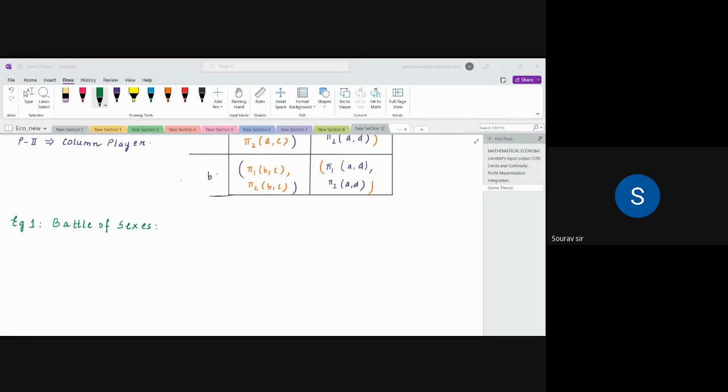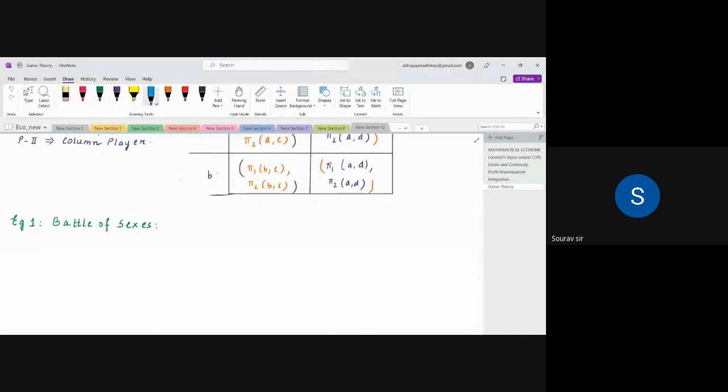Okay, yes, correct. But just one thing to add over here. So there are two players. Let me just write it out in total. Two players. Player one is the husband, let me in short write down as H, and player two is the wife.